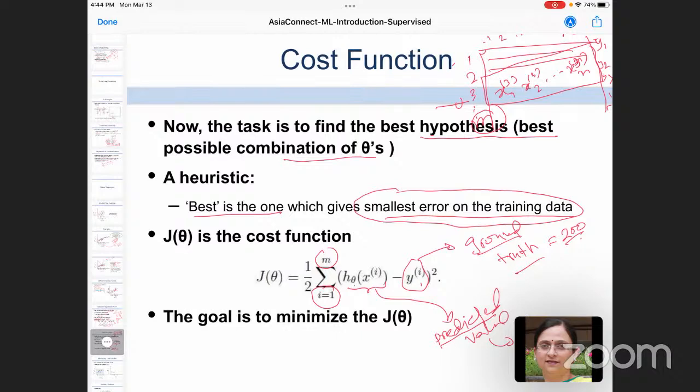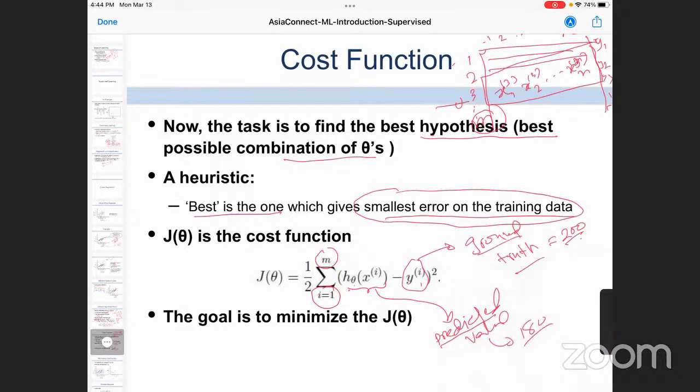Okay. So here we left, right? This is our cost function. How is the cost function computed here? Basically, this is the error. So this is the predicted value by your model. So you are giving X as input. Your model is predicting that the house price is 180K.